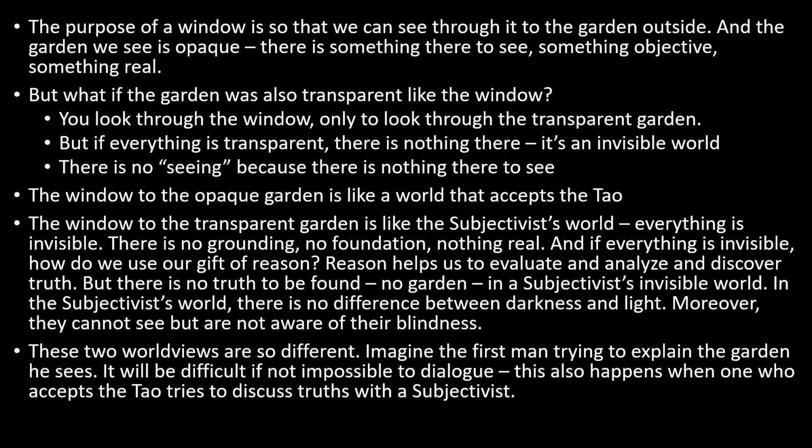And so these two worldviews are so different. Imagine the first man, the one who can actually see a garden. Imagine him trying to explain what the garden looks like to someone who looks out the same window and sees an invisible garden. These two men have completely different worldviews. And so Lewis says it's going to be difficult, if not impossible, to have dialogue.